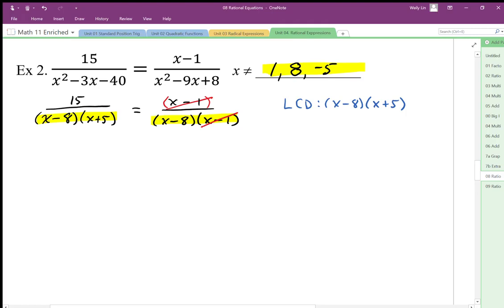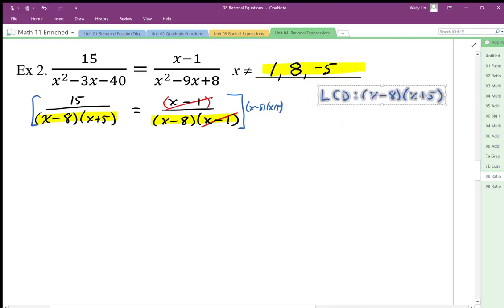And when I multiply through by my lowest common denominator, okay, so I'm going to multiply by x minus 8, x plus 5. Just going to move this over so it's not so crowded in there. Okay, when I multiply by x minus 8, x plus 5.